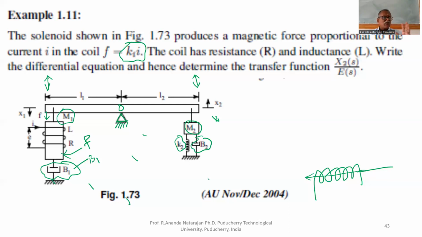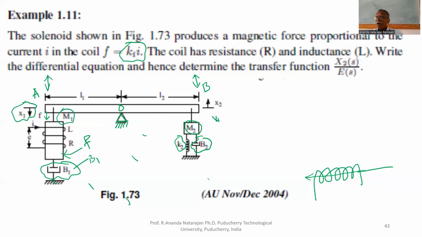Now, what is the direction of displacement that we have to see? Because of the force developed by this coil, the displacement at this end A is x1. At this end B, if A comes down, B will go up.